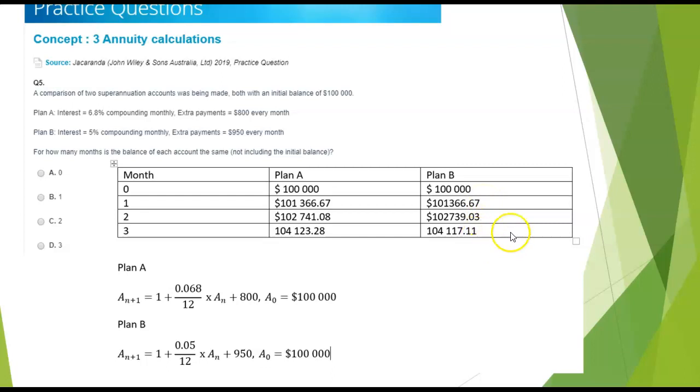So how many months are they the same, not including the first one? We can see here that the first month it's the same. Second month it's different. Third month it's different. So only one of the months is the same. So our answer is going to be B.